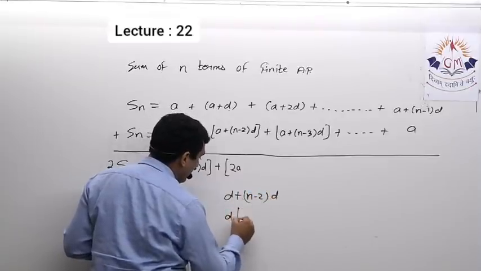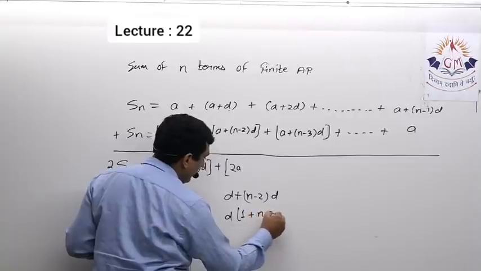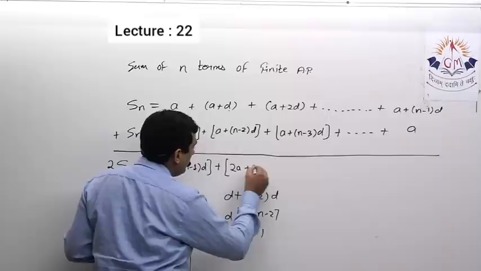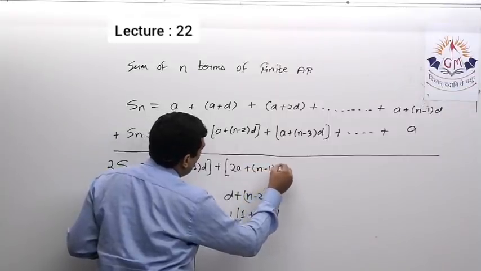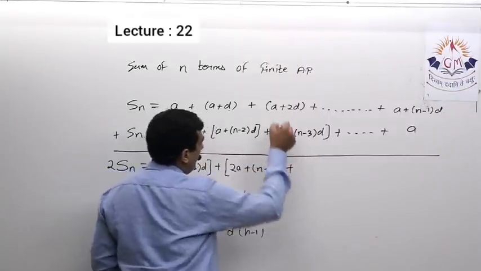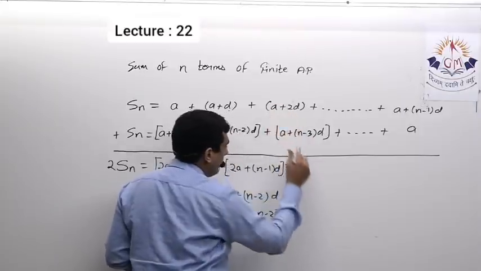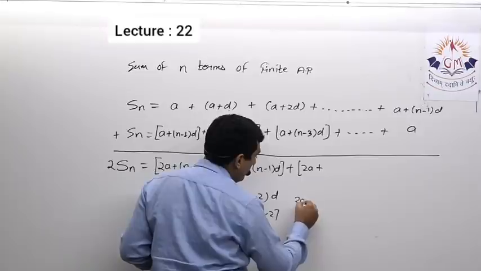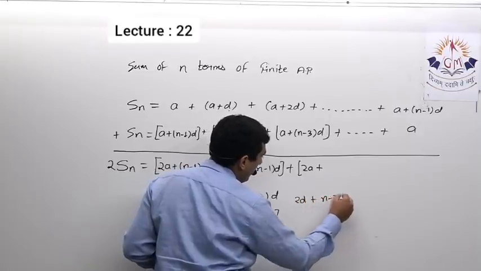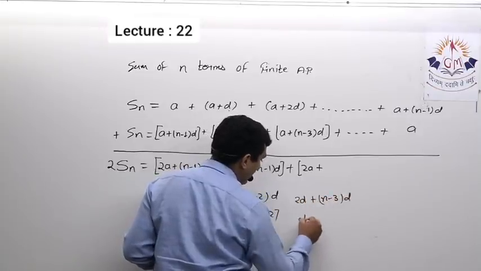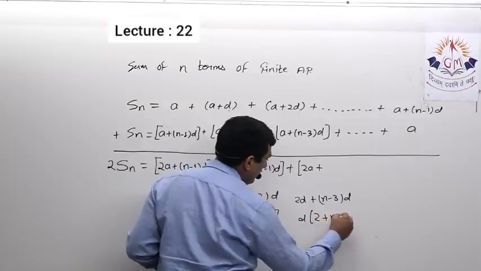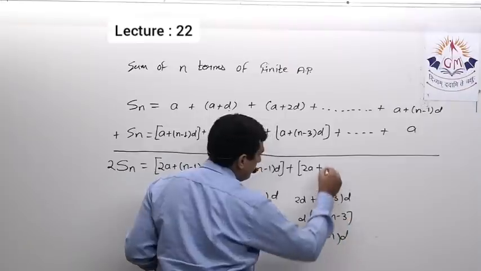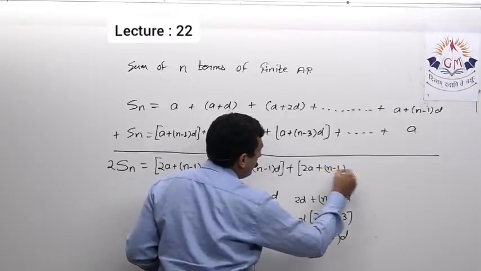If I take d common, 1 plus n minus 2, ultimately I will get (n minus 1) into d. Similarly, adding the terms over here, a plus a, again 2a, and 2d plus (n minus 3)d. If I take d common, 2 plus n minus 3, that is (n minus 1)d. So again I will get (n minus 1) into d.